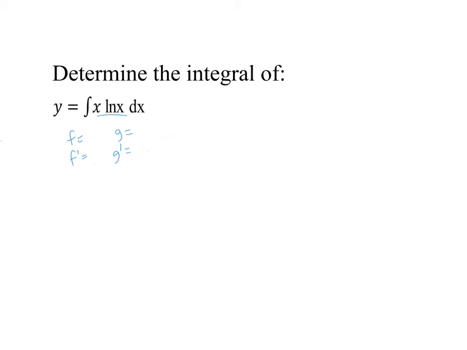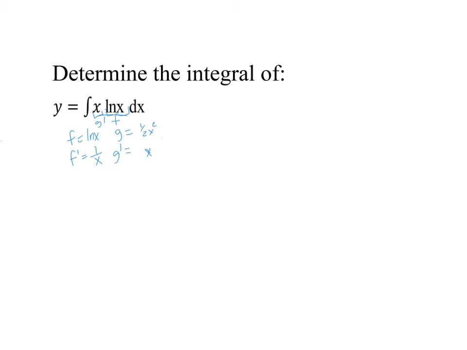So if we call the ln x our f term, that derivative we can do, it's 1 over x. If we call the x our g prime, sorry, and we do the antiderivative of that, that gives us 1/2 x squared.